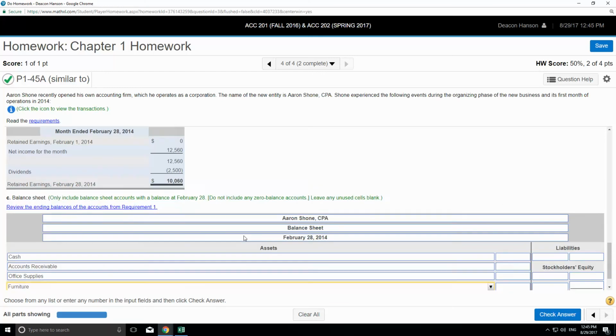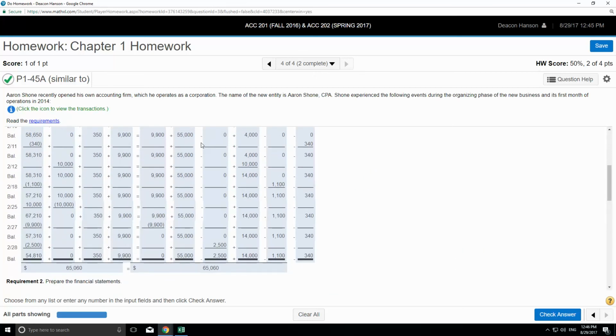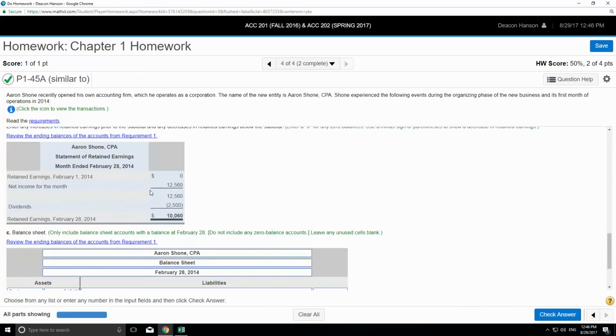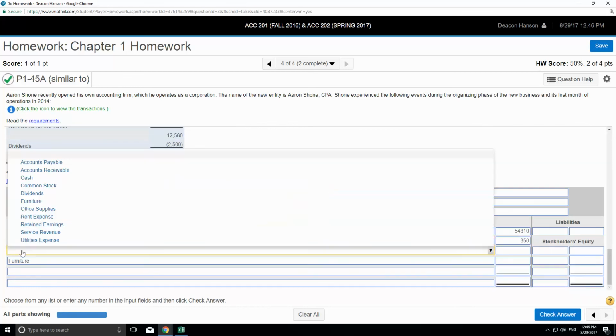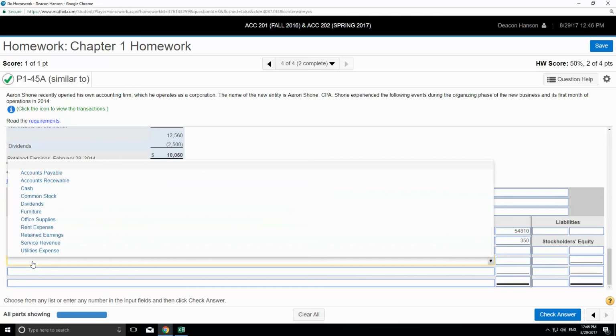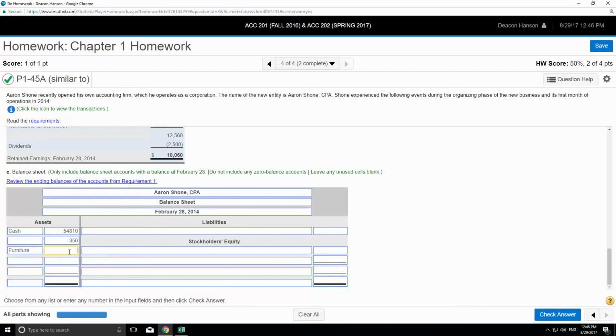54,810, 350. Oh, we only have 3 because there's a 0 balance in accounts receivable. So we only got 3. And the last one is 9,900.